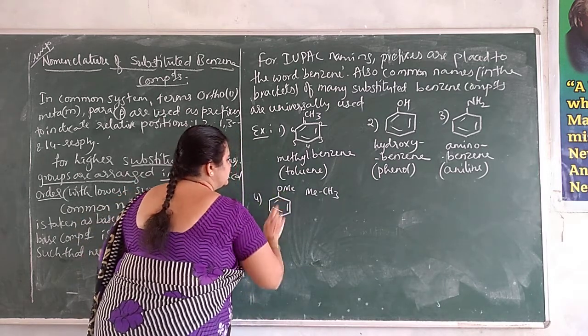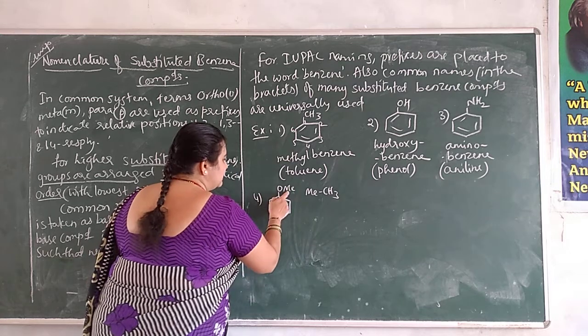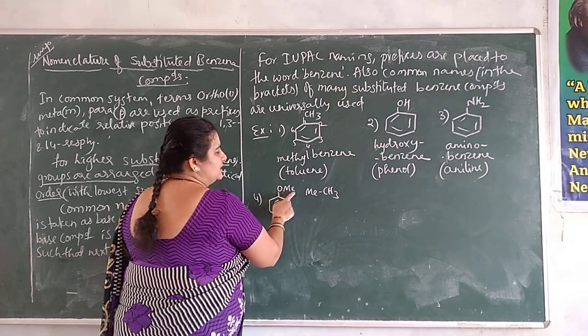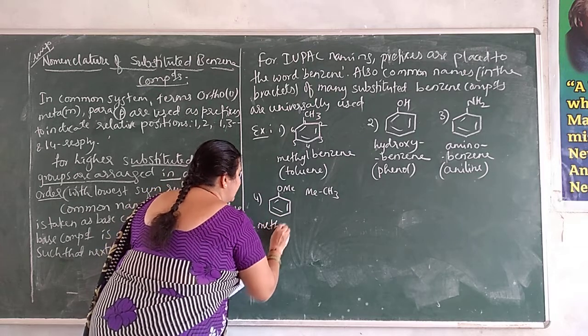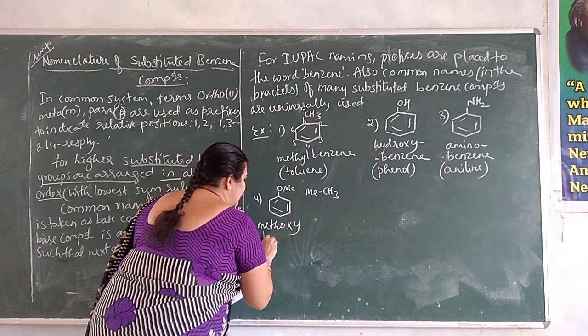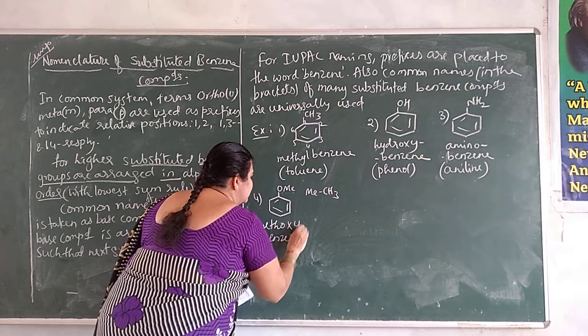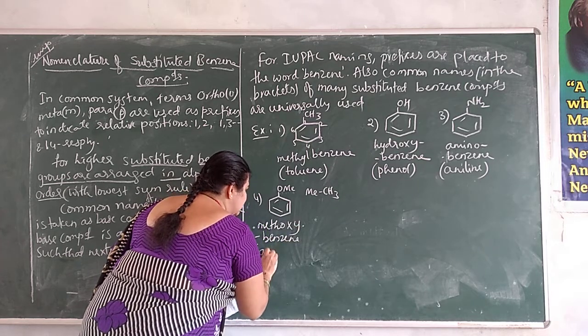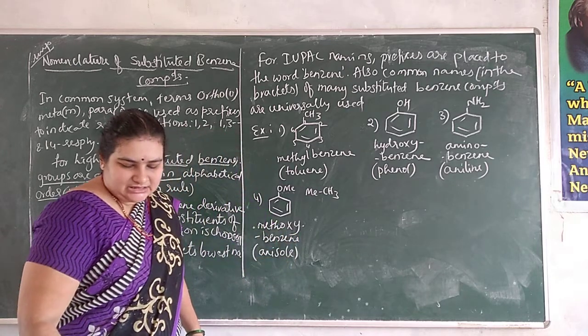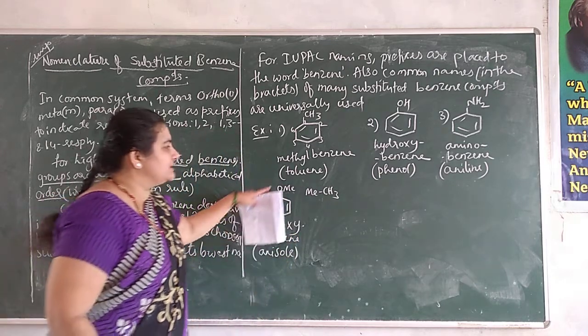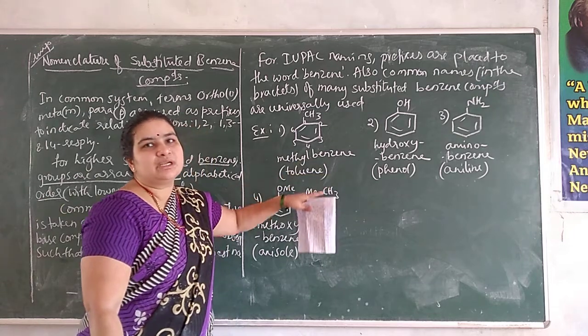This is an ether, methoxybenzene is the name of the compound, and in the common system it is named anisole. Like this you have to keep practicing the names of substituted benzene.